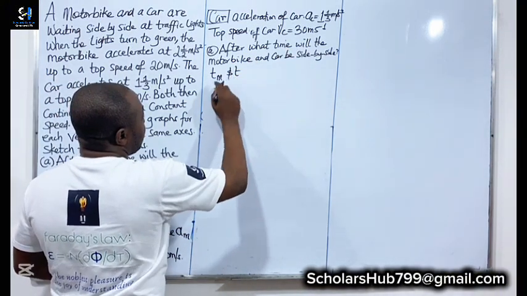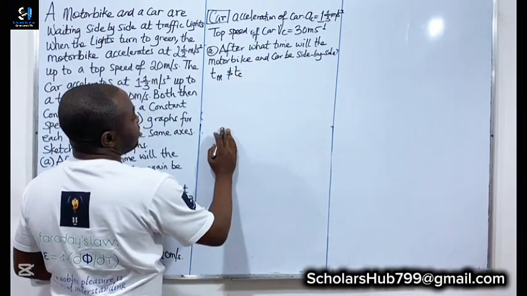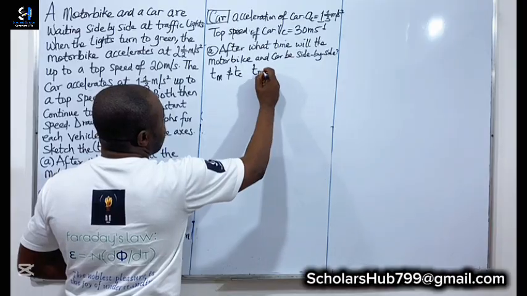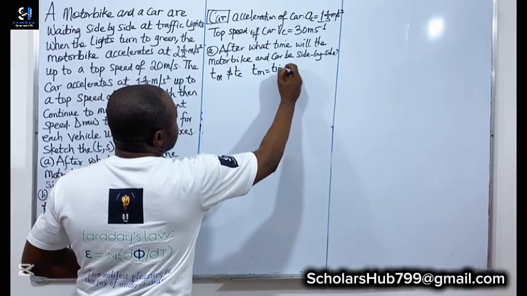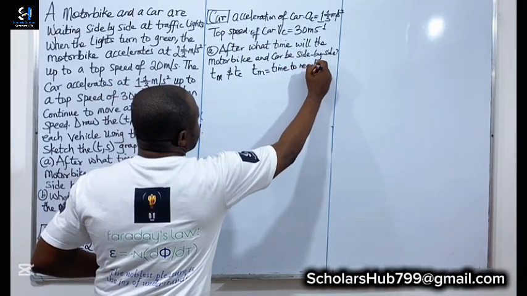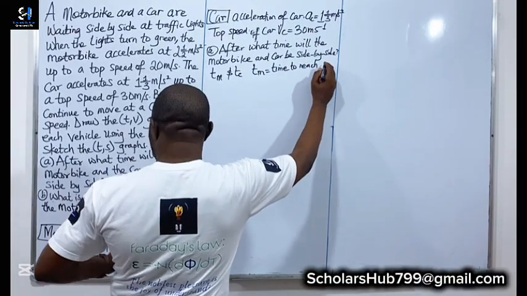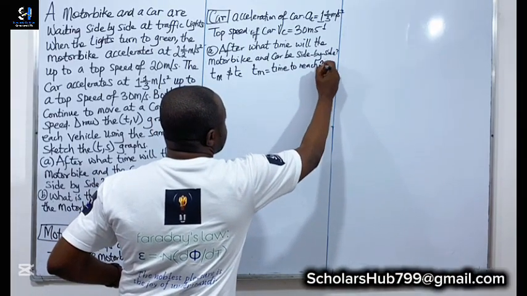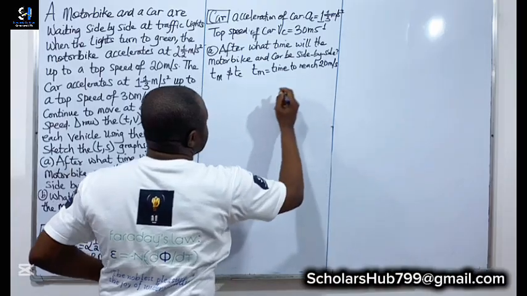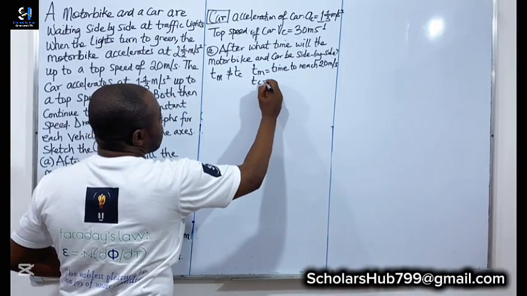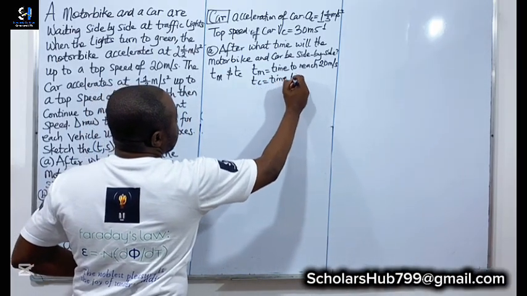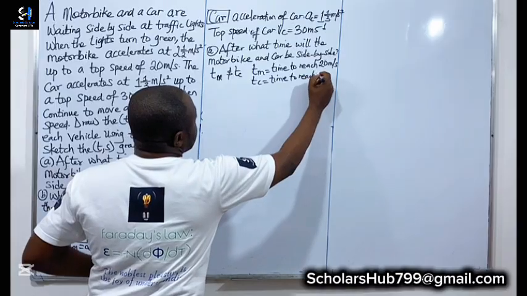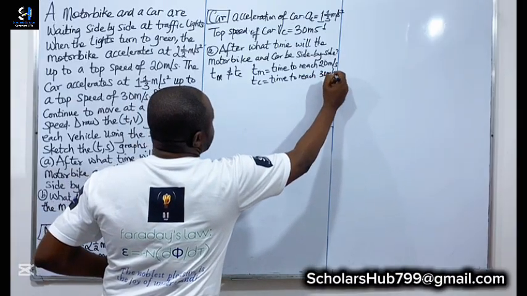So we have TM, the time to reach 20 meters per second, and TC represents the time to reach 30 meters per second.